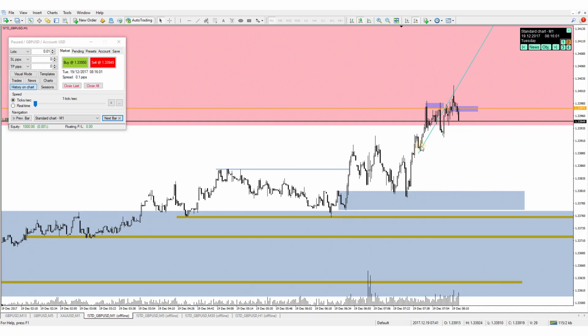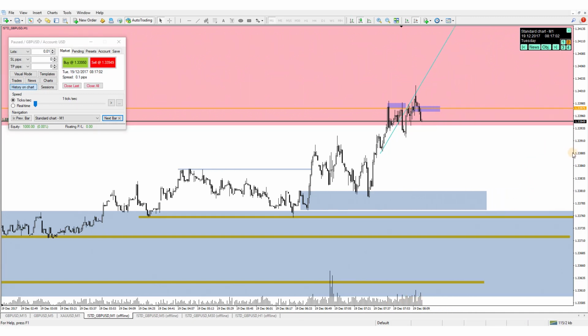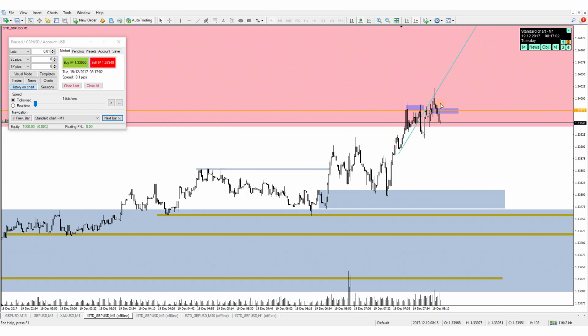Our pattern: compression without a last push, but then equal highs were created, liquidity grab, break of structure. Volume definitely decreased. I will join the market right now because I see the break of structure.